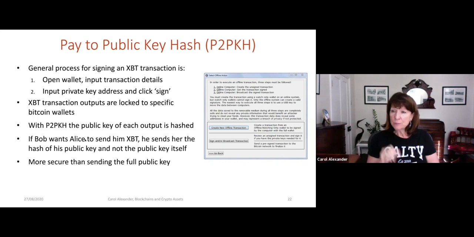And then you put on your private key that you mustn't tell anyone and click sign, and that's going to hash it together, okay, using a cryptographic hash function that we covered in the last topic.